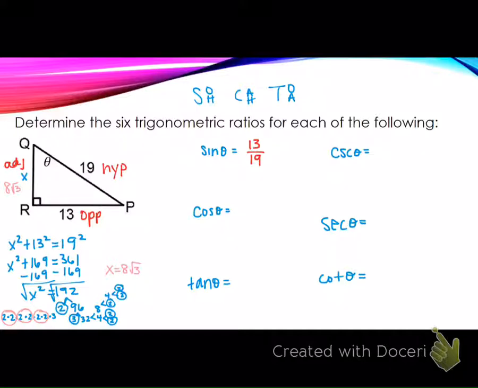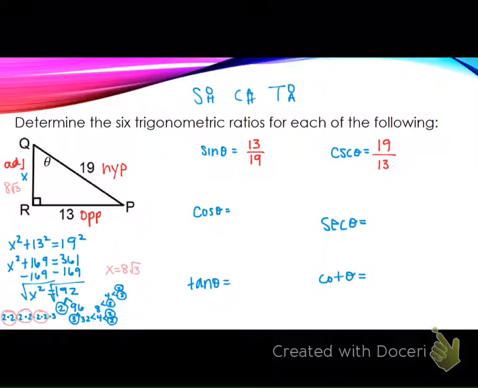Corey, what is the cosecant? The cosecant is the reciprocal of the sine. Remember, an S goes with a C. So what's the reciprocal of the sine? 19 over 13.